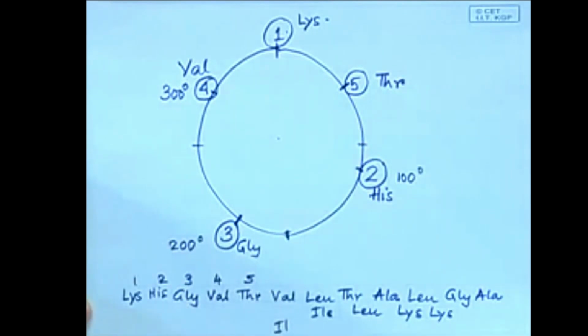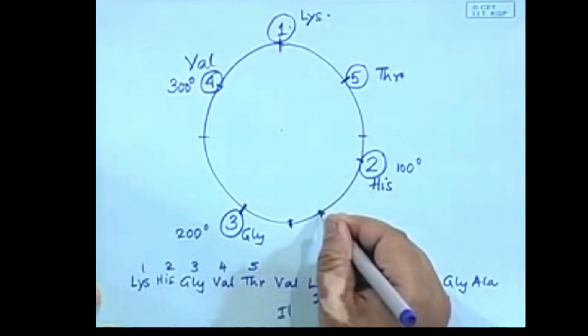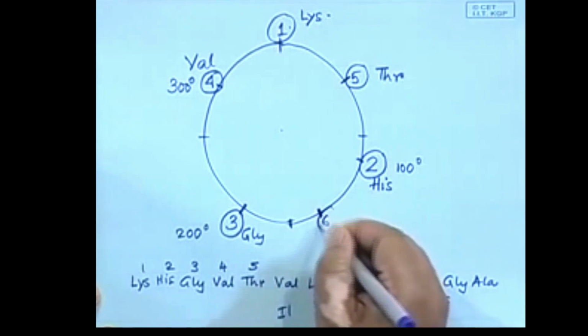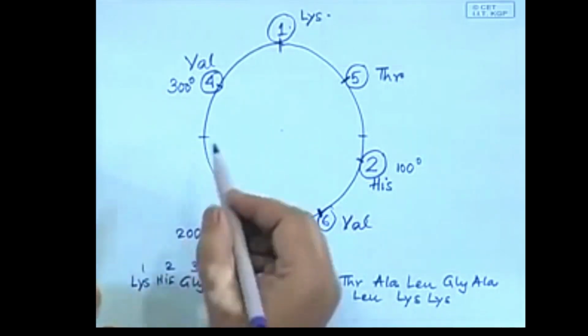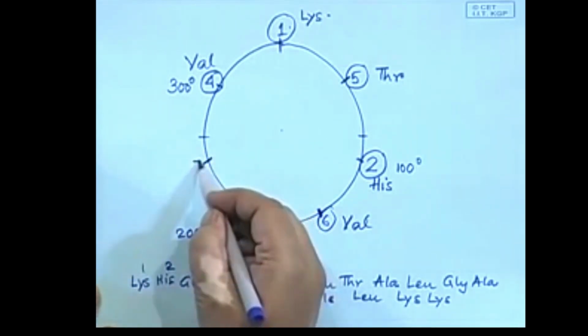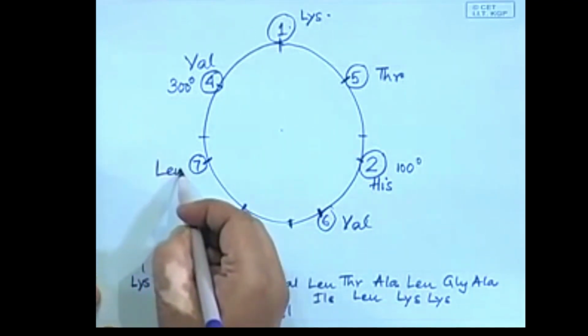So what can you do? You can construct the helical wheel. Where is residue number 6 going to be? Somewhere here. So this is going to be valine. Residue number 7 is going to be somewhere here. That's going to be leucine.